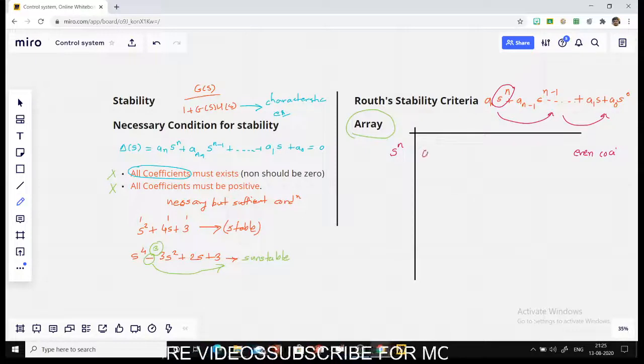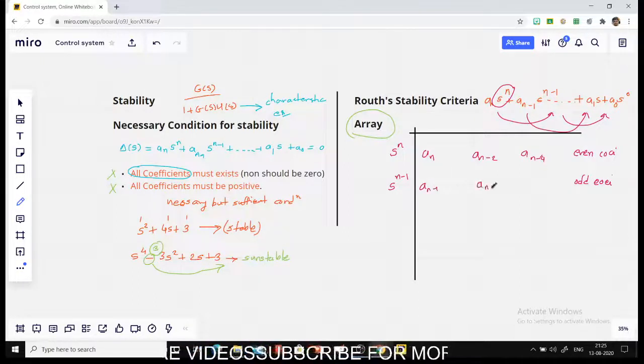So this will be a_n, the second will be a_(n-2), a_(n-4) and so on. The second row will be s raised to n minus 1, that is the second coefficient, and it will jump to odd coefficients. So this will be a_(n-1), this is a_(n-3) and so on, till the end of my coefficients.